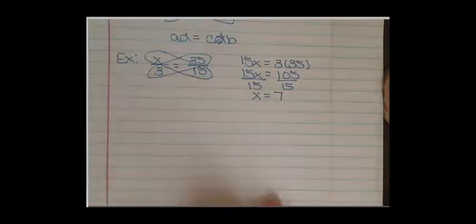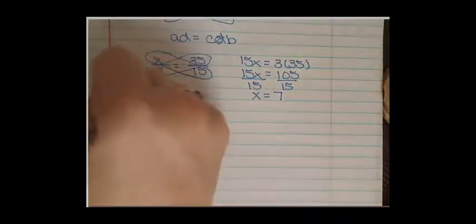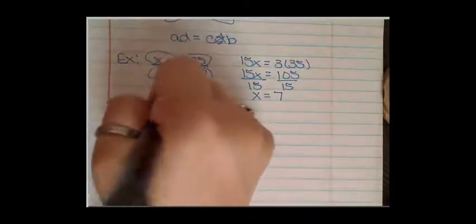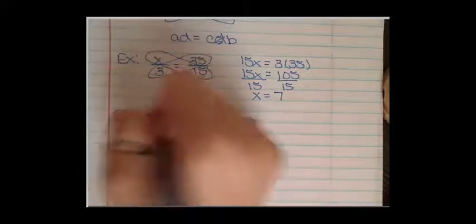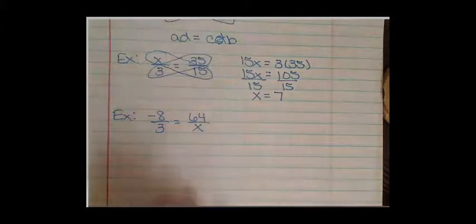Example. We have negative 8 over 3 equals 64 over x. So we're going to cross multiply. So negative 8 times x, and that's equal to 3 times 64.